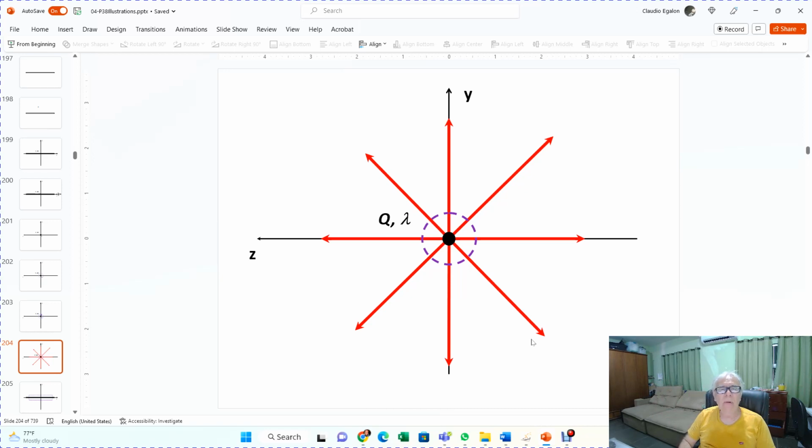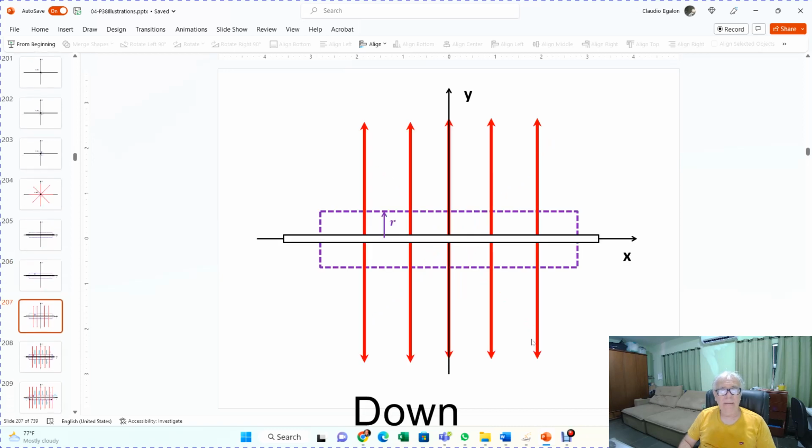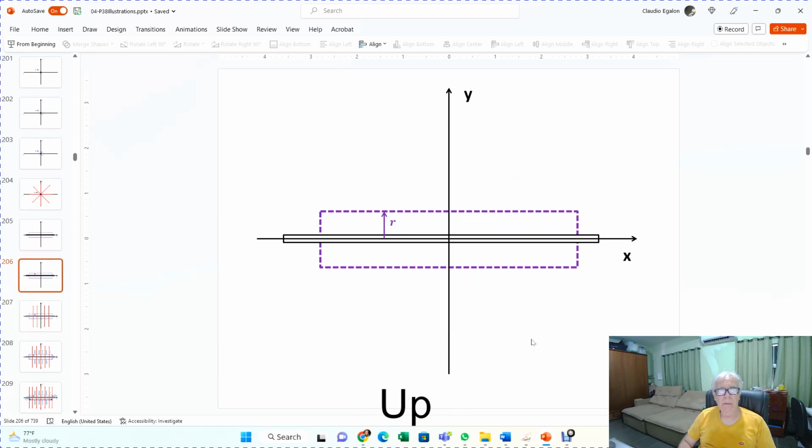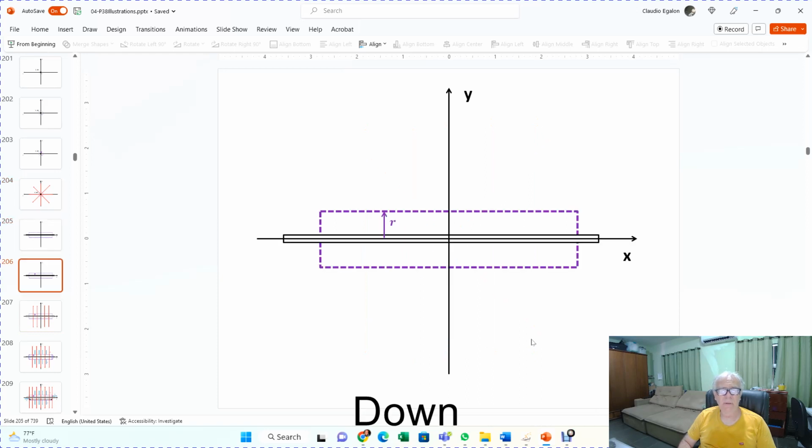But it's not in the radial direction in the sense of the spherical coordinate, but in the radial direction in the sense of the cylindrical coordinate. So that's how it looks if we view the rod in the other direction, right? Along the radial direction, we see these electric field lines.